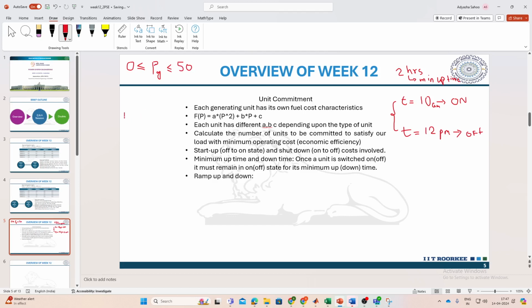And let's say at the current instant t equal to 1, it is generating at Pg equal to, let's say, 25.